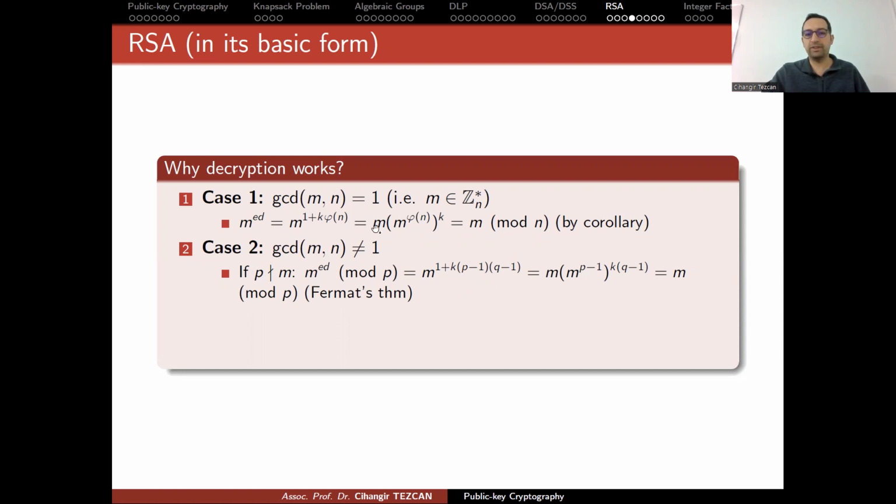You do the same trick, but instead of focusing on phi n, we are focusing on m to the power p minus 1. Again, recall that Fermat's theorem says that this should be 1 modulo p. If p divides m, then m is equivalent to 0 modulo p, and m to the ed equals 0 modulo p, and so on. So m to the power ed should be m modulo p.